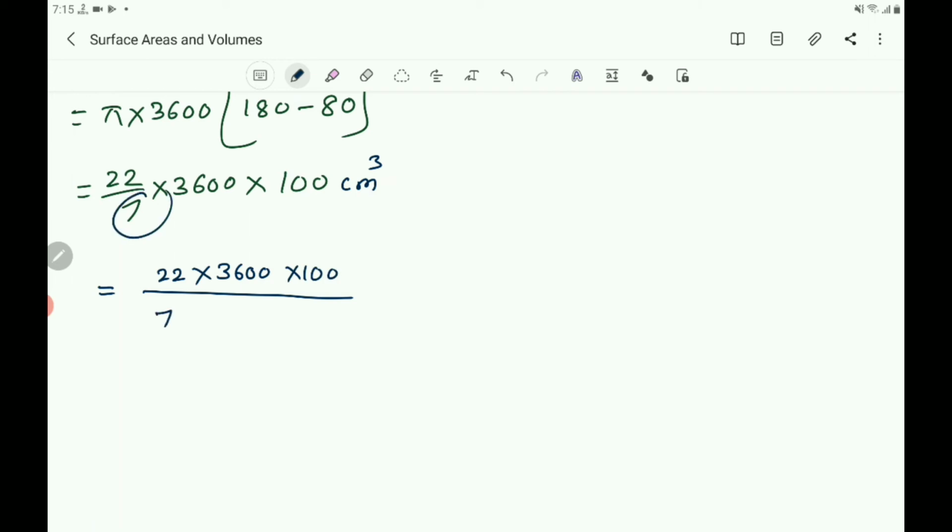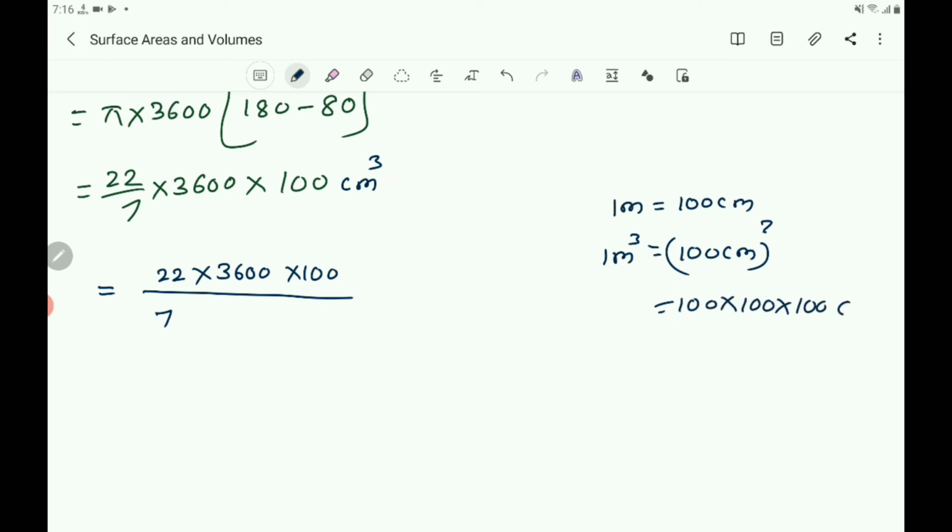Then, to convert this into meter cube, you know that 1 meter equals 100 cm and 1 meter cube equals 100 cm whole cube, that equals 100 into 100 into 100 cm cube. So you divide it by 100 into 100 into 100, it is m cube.